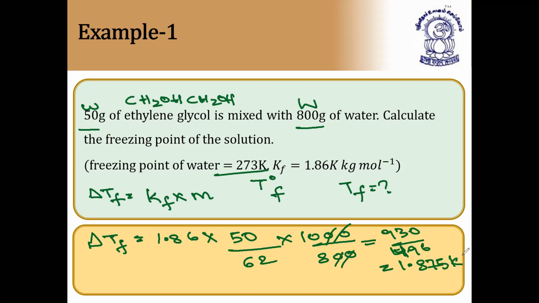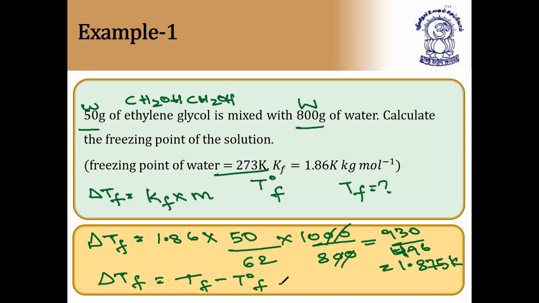So 1.875 kelvins. Now we already know ΔTf is equal to T°f minus Tf. So we know we want to find Tf.